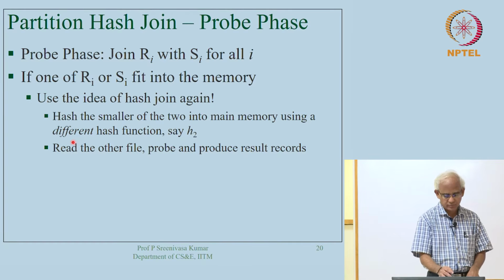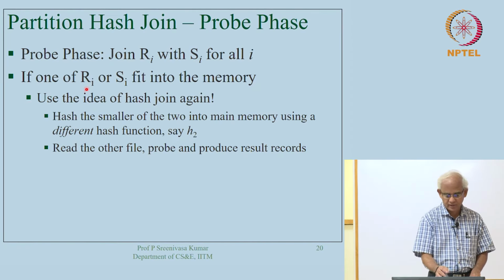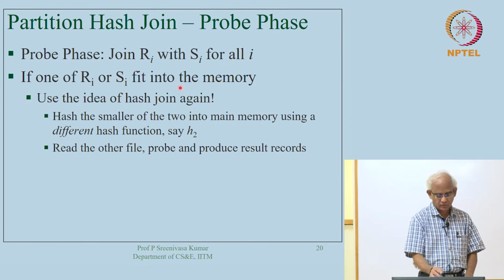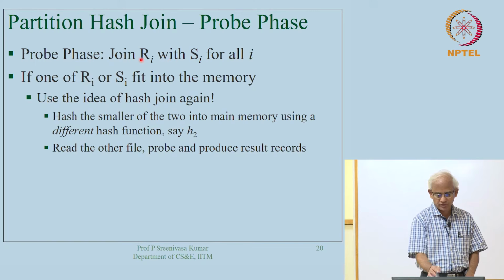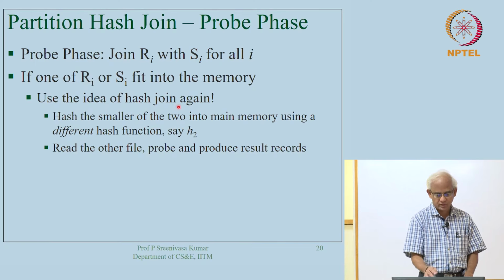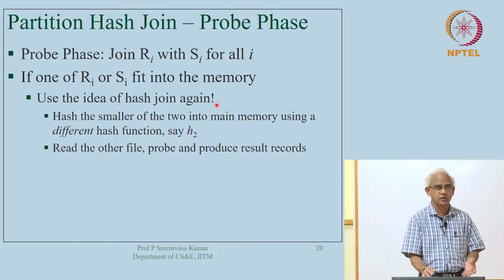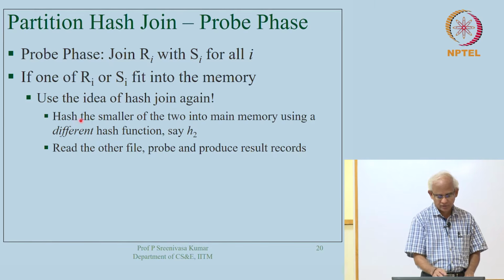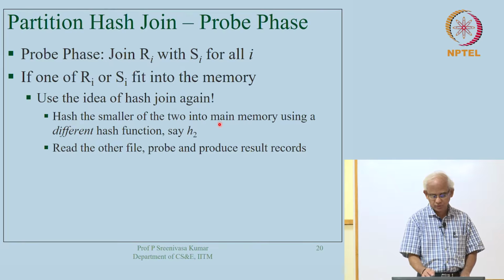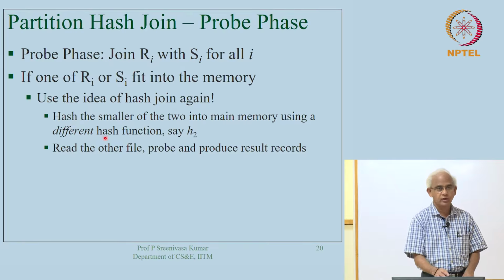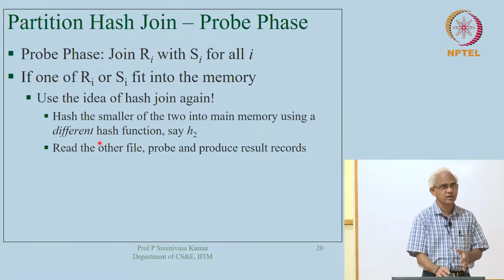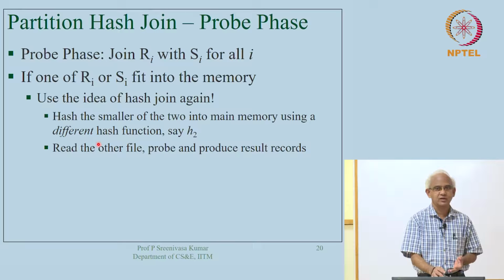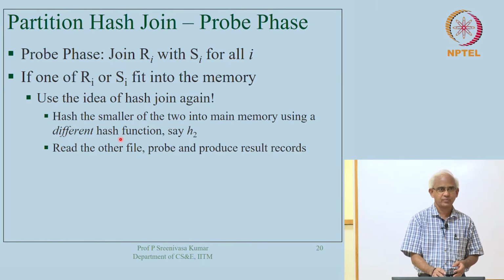So there are two cases that might arise. If one of Ri and Si fits into the memory, then in order to produce this join, we can make use of the hash join that we discussed just now. So hash the smaller of the two into the main memory, using a different hash function. You should not choose the same hash function as we used for the partitioning case.